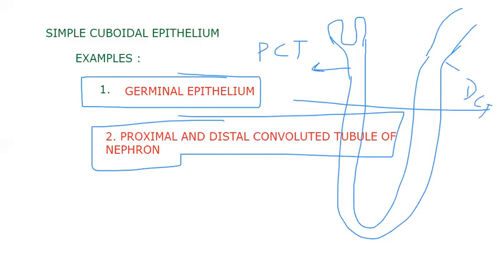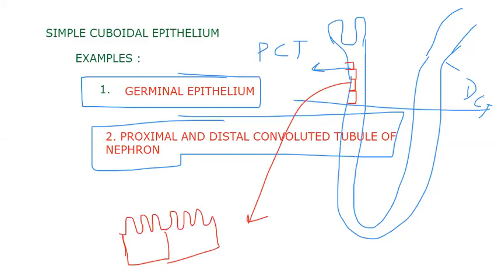What is the speciality of the proximal convoluted tubule? The simple cuboidal epithelium present in the proximal convoluted tubule has microvilli. Small microvilli are present here to increase the area of absorption of water.